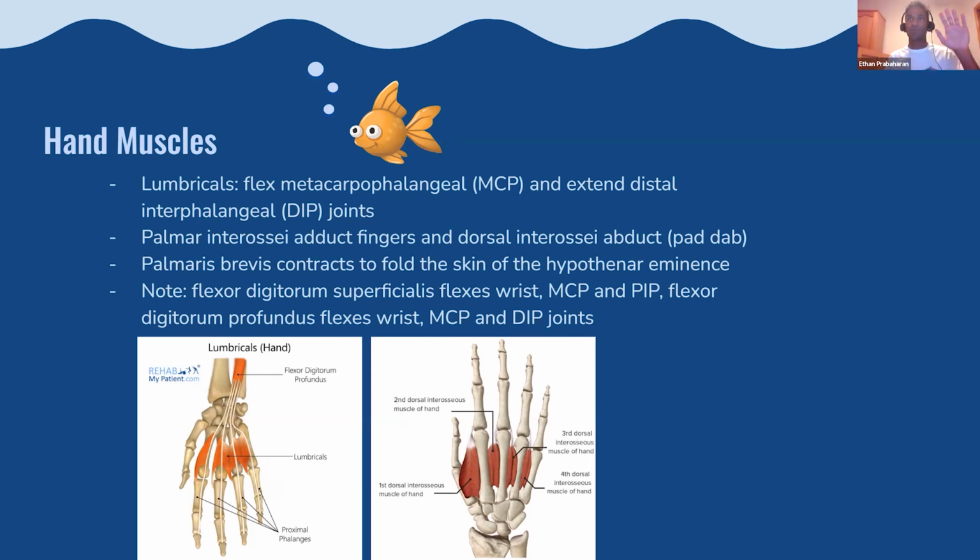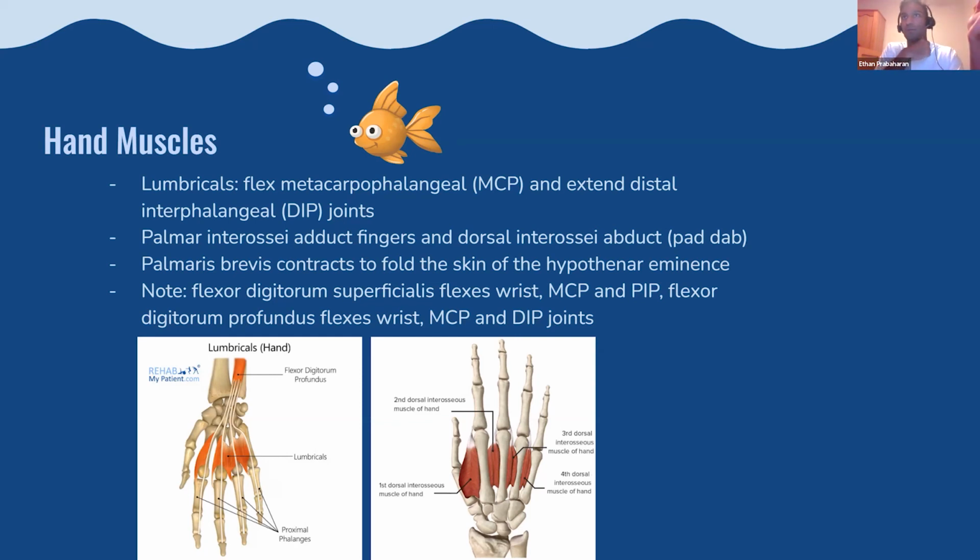But there's no real movement that moves all of your fingers away from your body. So when you think about the midline or the center of your hand, abduction moves your fingers away from the middle, so it fans everything out, and adduction brings them all together. So this is abduction and this is adduction. Okay, your palmar interossei cause adduction, your dorsal interossei cause abduction.